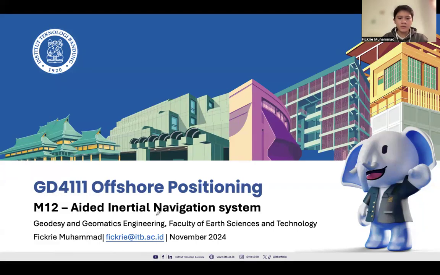Now, relying only on the inertial navigation system is not enough, so we have to integrate it with another sensor. That's why it's aided, I mean, fused with another sensor. For example, for drone navigation, it's fused with GPS and so on.